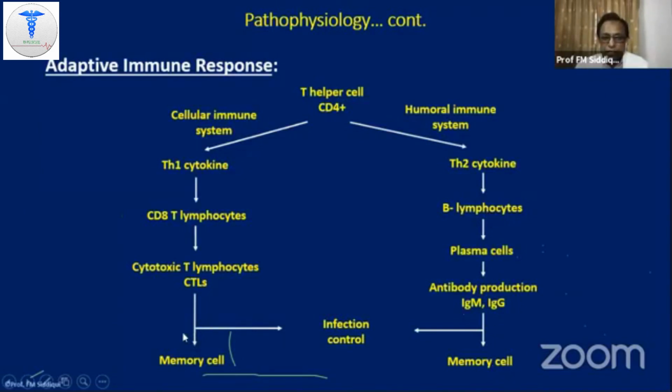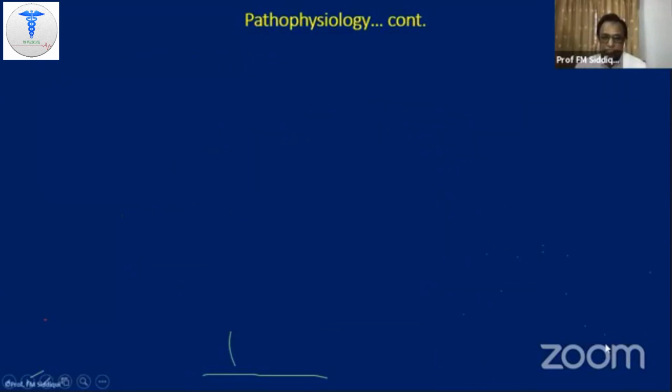And these T lymphocyte and B lymphocyte memory cells are what we are depending on. In those who have already been infected with COVID, it is thought that they may have these memory cells. Now the question remains whether this immunity is long lasting or not. Now what happens?